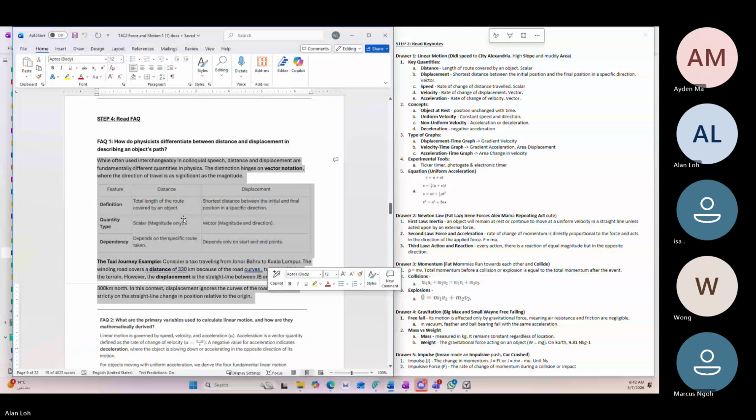Right. So this is drawer one, equations, inside this point number 5. I hope by now you can appreciate these 4 formulas more.